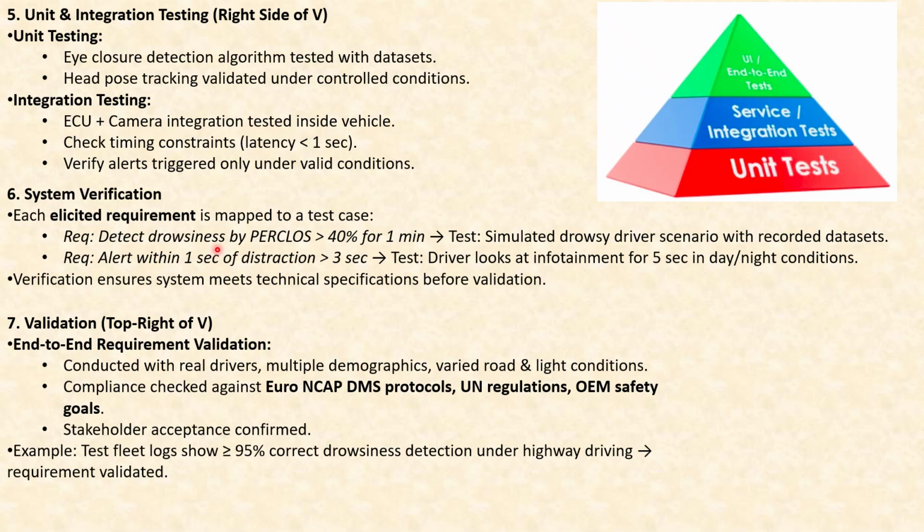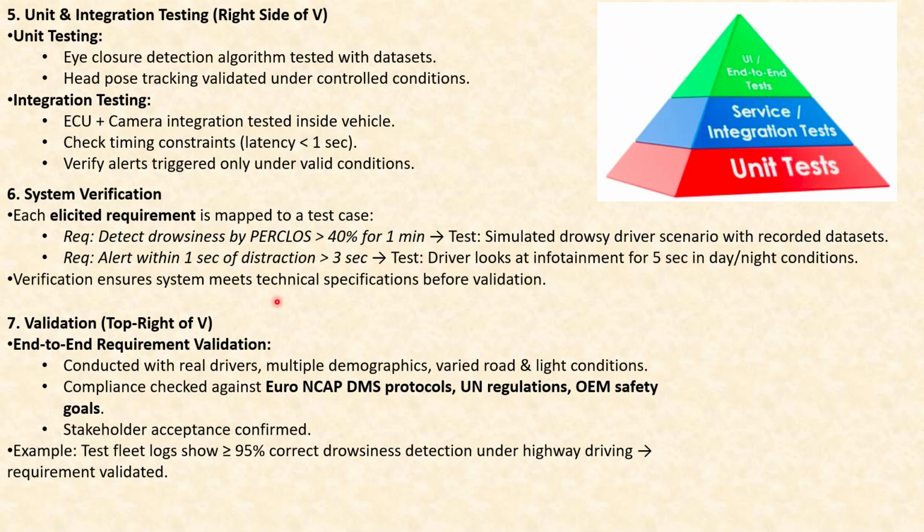This is an important requirement, and I repeat, follow this very carefully. With the help of this drowsiness detection software named PERCLOS, you detect greater than 40% for 1 minute, that is 40% of the time duration, as drowsiness. For that scenario, you simulate the driver drowsy scenario.